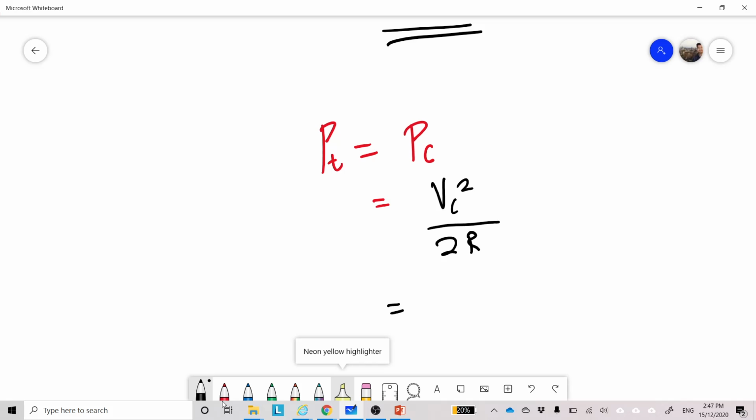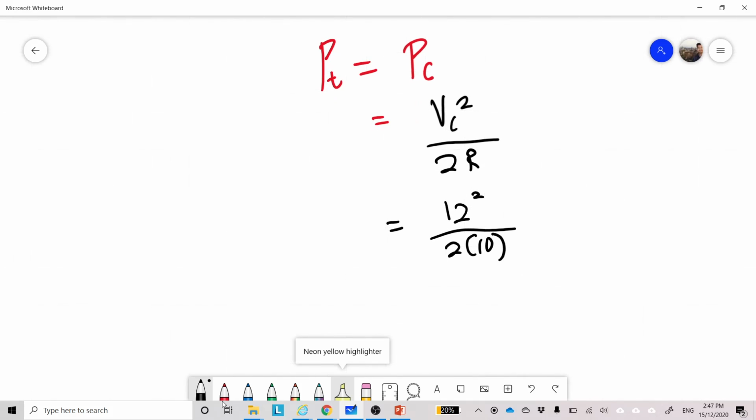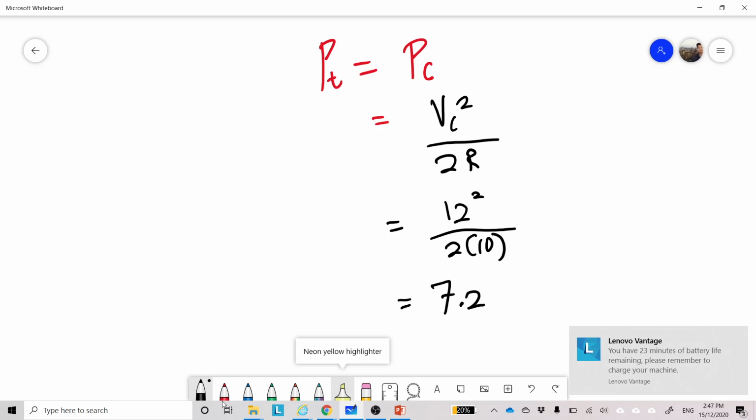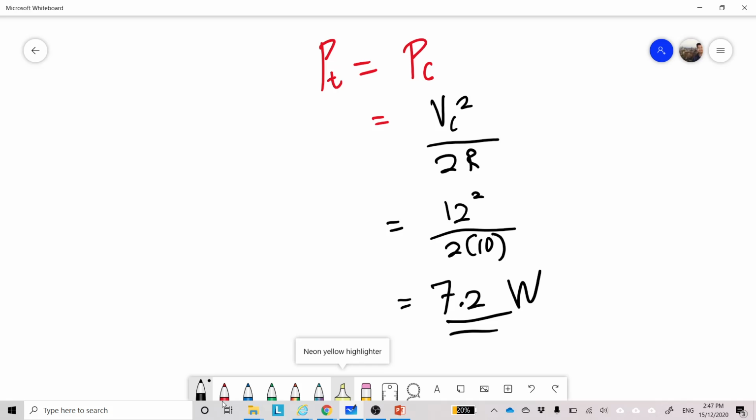So VC is equal to 12 square divide with 2 times 10. Okay, so you akan dapat bersamaan dengan 7.2 watt. Okay, so let's say if I want to use the long equations.